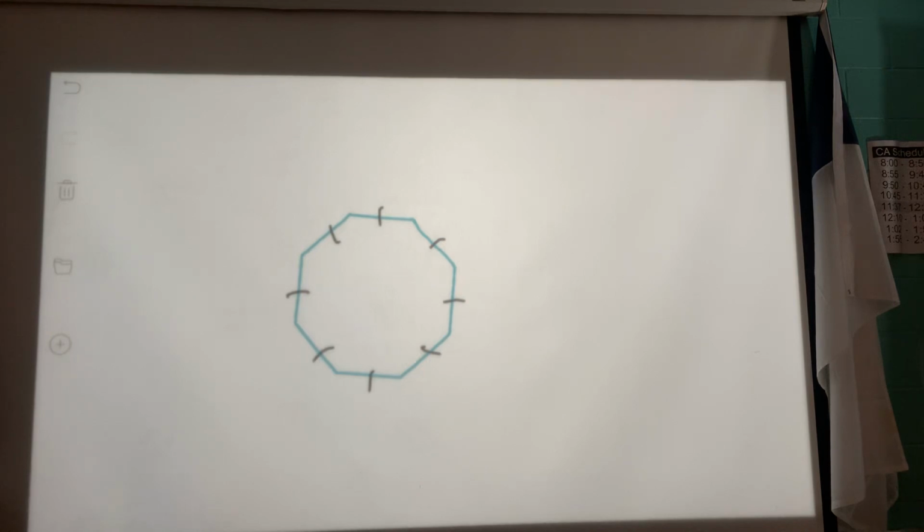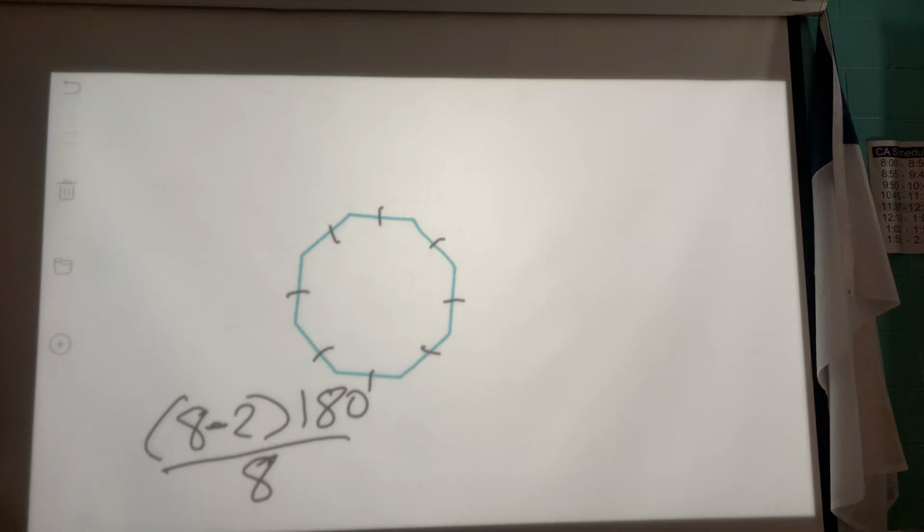If you were to find the interior, we would do 8 minus 2, times 180, and then divide by 8, because it's regular. The 8 minus 2 is going to be 6, and then 6 times 180 is going to be 1,080.